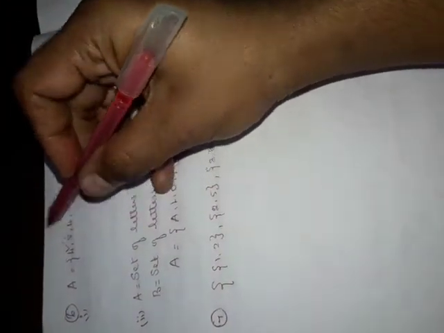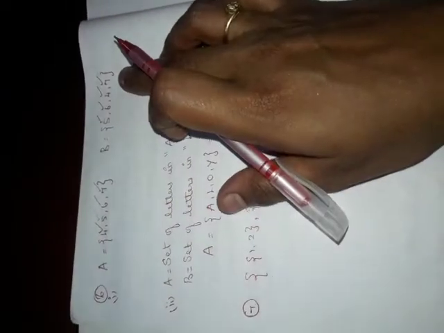A has element 5 and B also has element 5. A has element 6, B also has element 6. A has 7 and B also has element 7. So all the elements of A are the same as the elements of B. It doesn't have one more or less, right? The order doesn't matter, but the elements are the same.